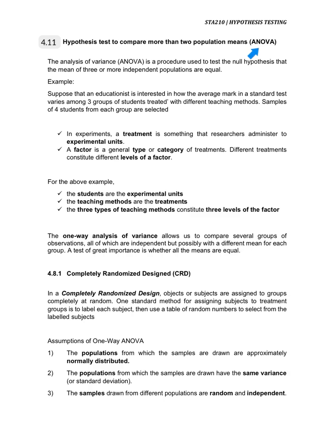So let's continue on 4.11, hypothesis test to compare more than two population means, also known as analysis of variance or ANOVA. Previously you already learned hypothesis testing for one population mean, the difference between two population means, a single variance, the ratio of two variances, a single proportion, and the difference between two proportions.